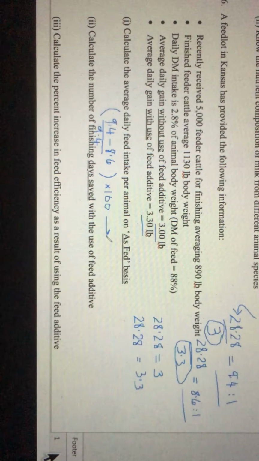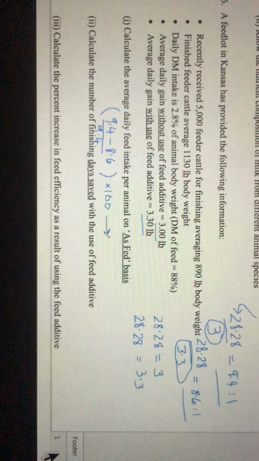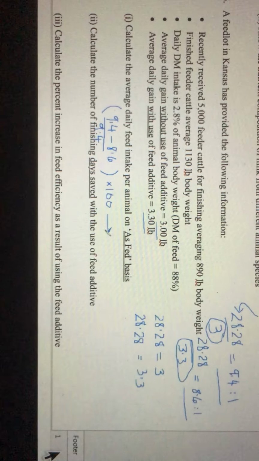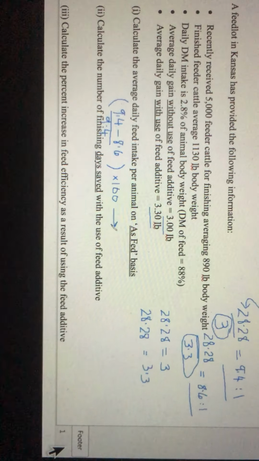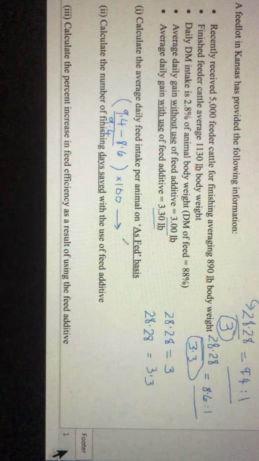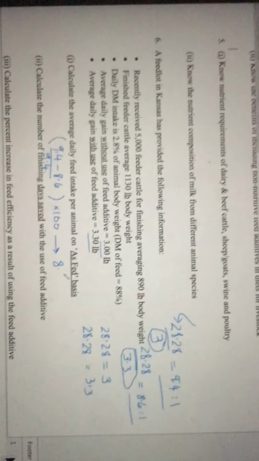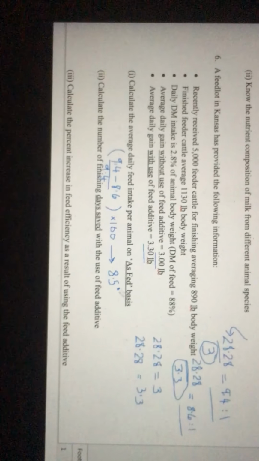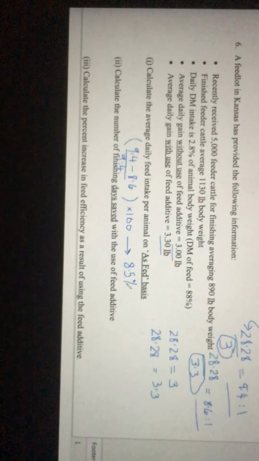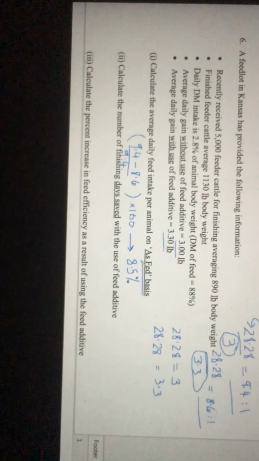The answer here then would be 9.4 minus 8.6 divided by 9.4. I see 8.5% increase in efficiency. That is the answer right there.